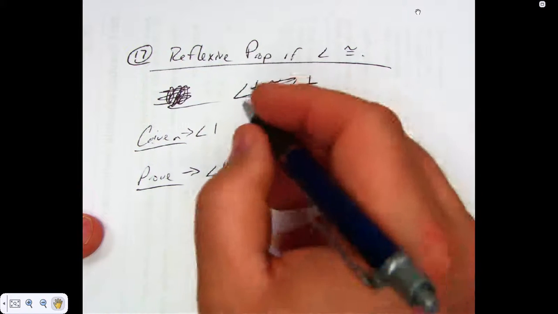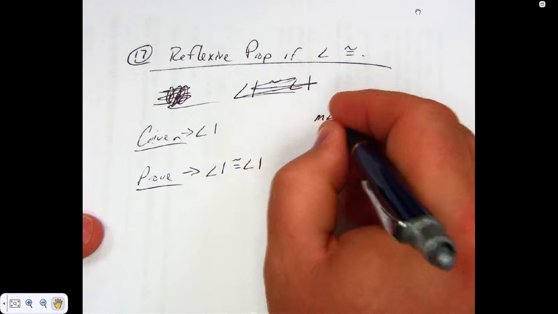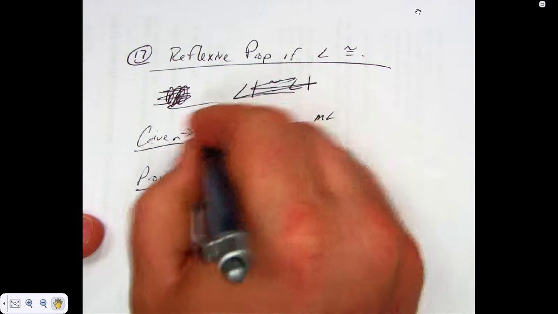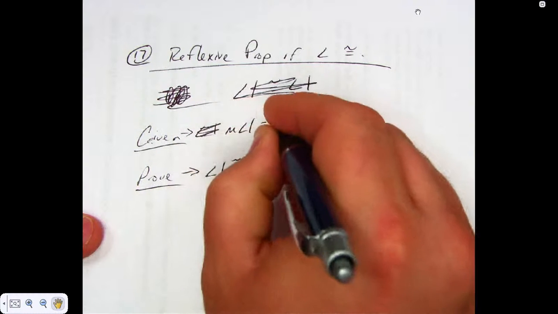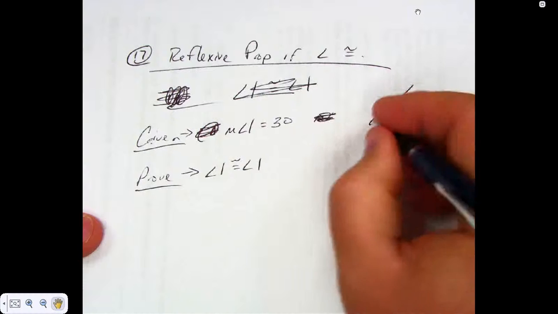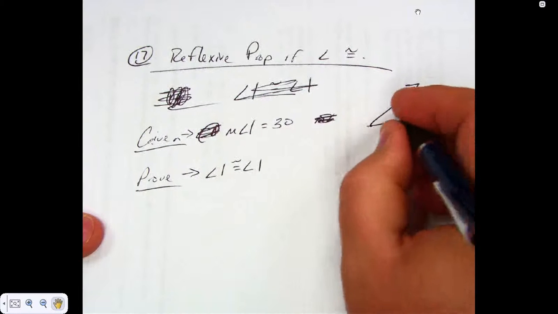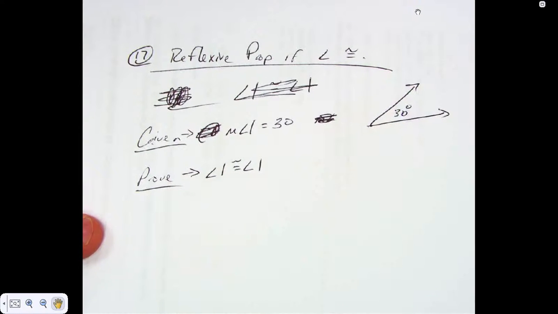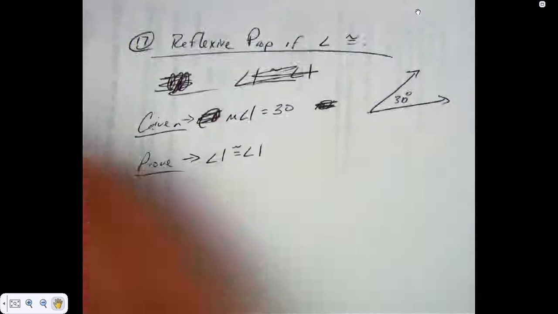Okay, let's say, how about we say as a given, the measure of angle 1 is equal to 30, okay? Everybody okay with that?